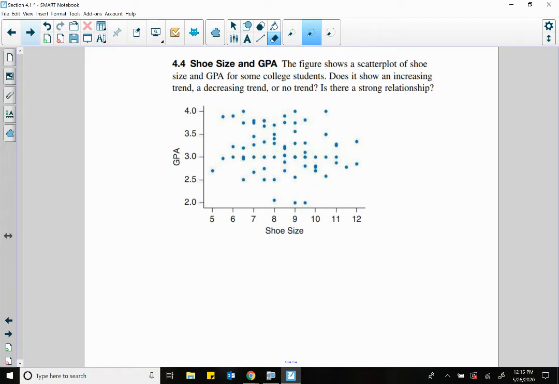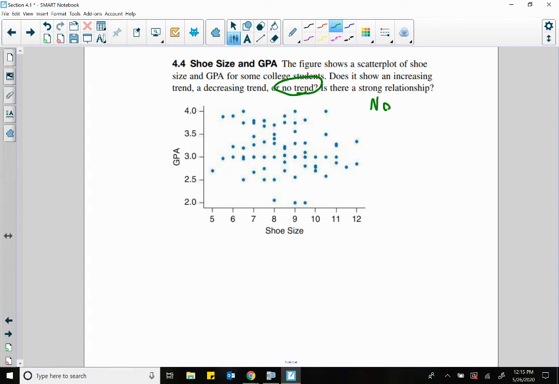When you look at this, hopefully you said the answer was no trend. Because this does not look like it's increasing, and it doesn't look like it's decreasing from left to right. The other question is whether there is a strong relationship. Well, if there's no trend, then this is not a strong relationship because there's no line to compare. And plus, if I look vertically, there's a lot of variability here.